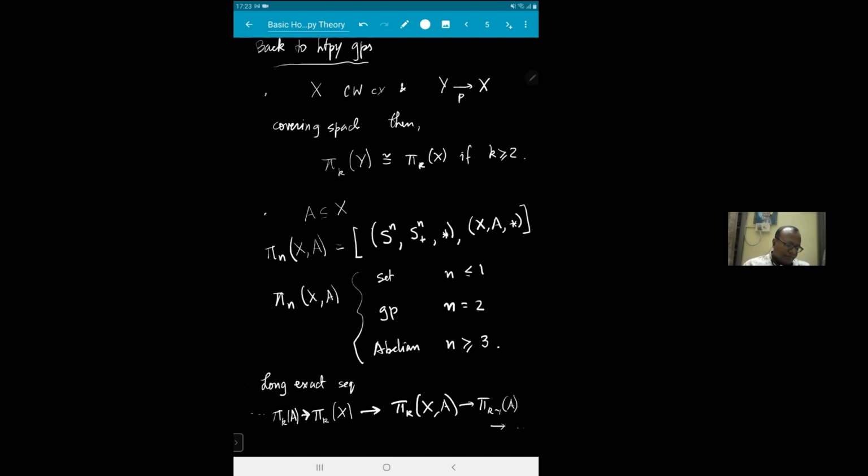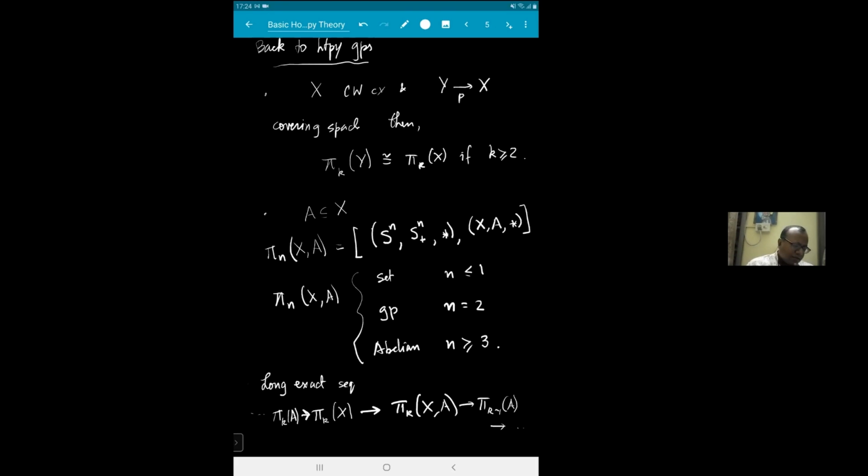The map pi k of A to pi k of X is induced by the inclusion. Pi k of X to pi k of X comma A is a map which sends S^n to X: you squeeze the entire map into the bottom hemisphere and send the top hemisphere to the base point. And pi k of X comma A to pi k minus 1 of A is a map which looks at the upper hemisphere, and the boundary maps to A. That's the other map.